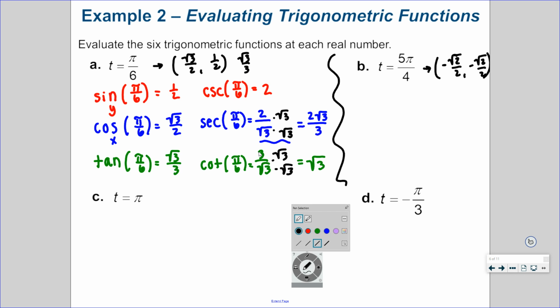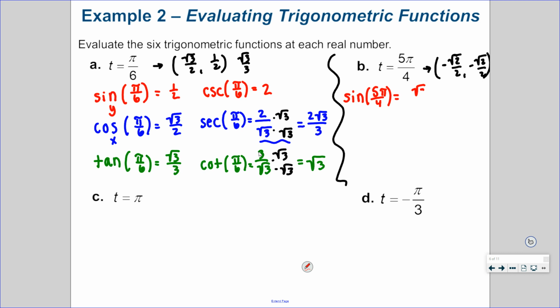All right, so the sine of 5 pi over 4 would be what? Negative square root of 2 over 2. Exactly, just the y coordinate. Cosine would be negative square root of 2 over 2 as well.